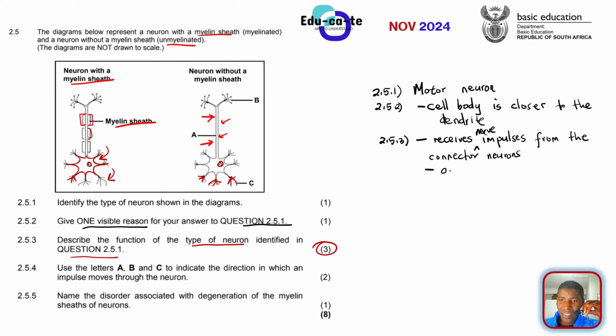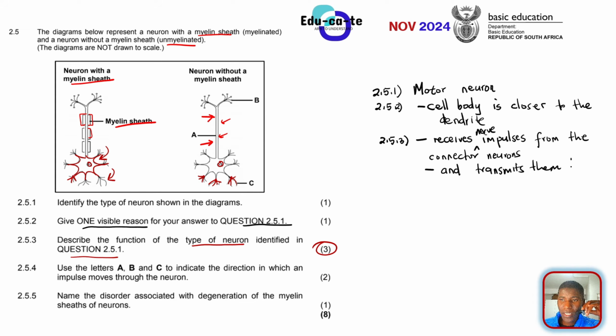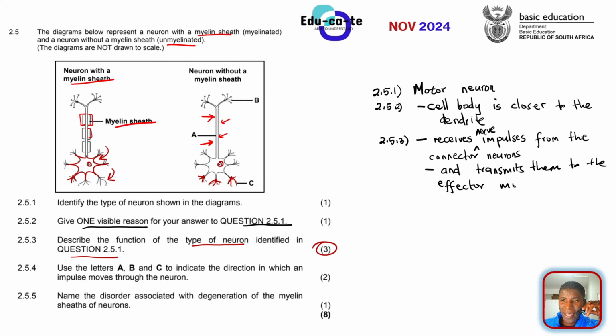So this neuron transmits these impulses to the effector, muscle, or gland.